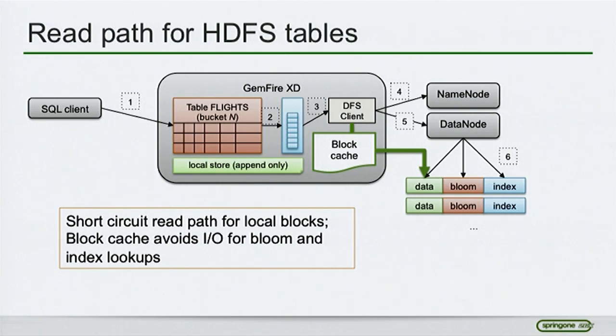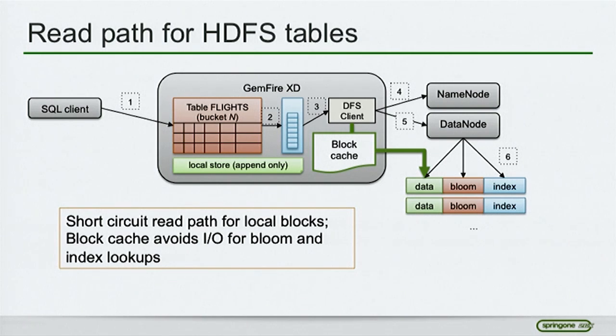If I can't get it there, I go look up the block cache to see if I have enough metadata to say this is exactly the block I need to read to get the record out. So in theory, if all the metadata is in memory, you can get an O(1) lookup even on a miss, and essentially a single disk seek can fetch you the record.